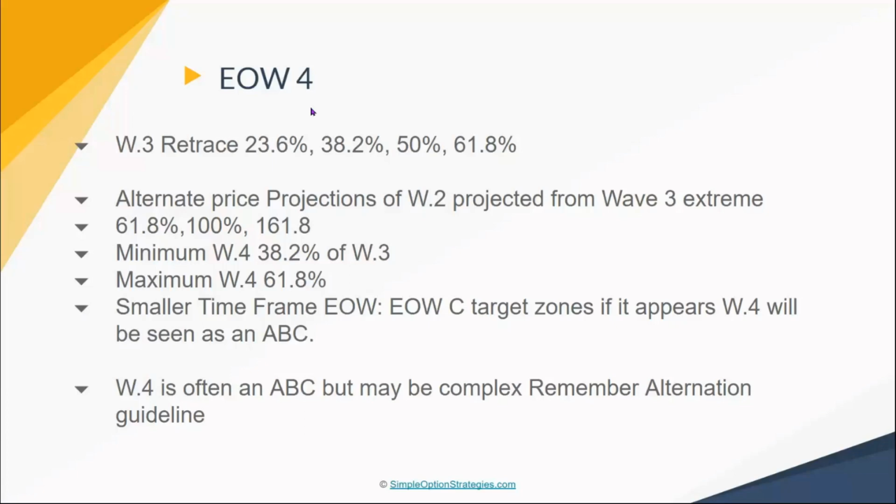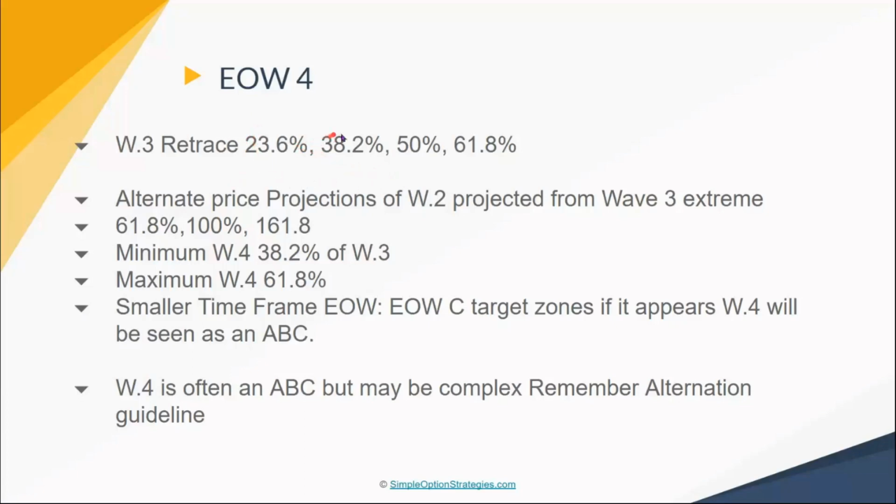So basic rules of a wave 4, and you can't see it here, but on your cheat sheet, 38.2 and 50% will be in bold. You measure these wave 4s from the bottom of wave 2 if it's a bullish trade, and vice versa if it's a bearish trade.